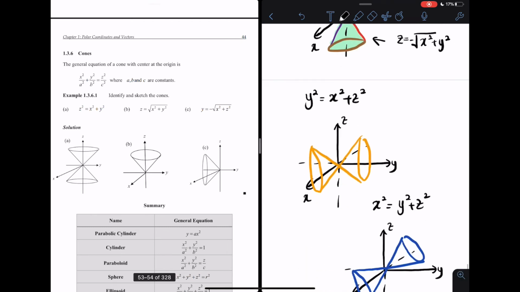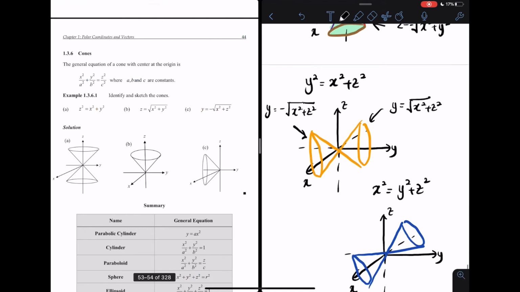Let's move to this example over here, or my own example. So this is actually y is equal to positive square root of x squared plus z squared. Meanwhile, the left part of the cone can be represented by y is equal to negative square root of x squared plus z squared.